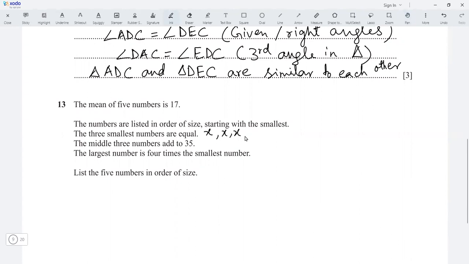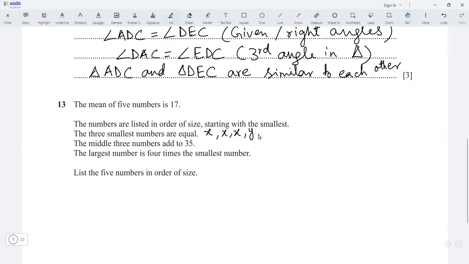These are the smallest ones. So the middle three numbers add to 35. We don't know what the middle three numbers are, but total are five. Middle three, yes: two are x, and we can say the fourth one can be y.